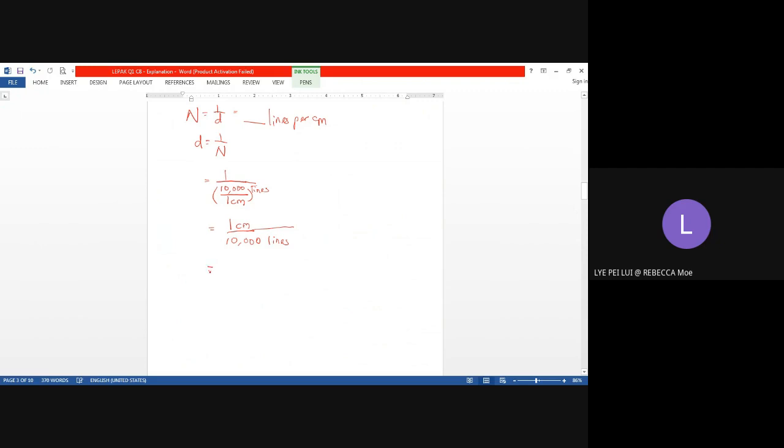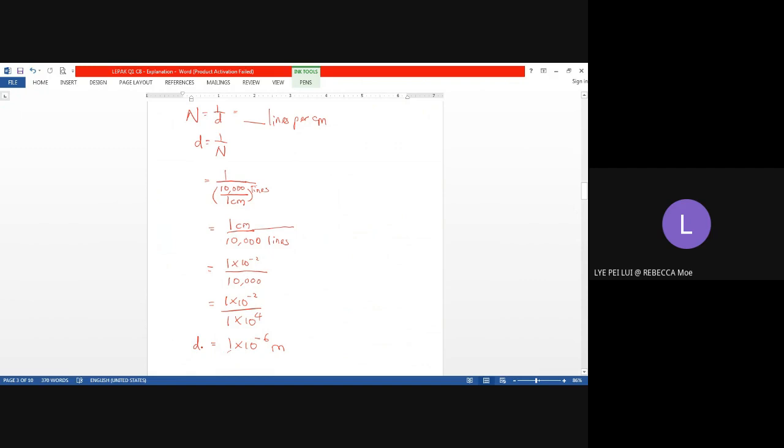Since this one is centi, I make it 10 to the negative 2 over 10,000, so 1 times 10 to the negative 2 over 1 times 10 to the 4. At the end, I get 1 times 10 to the negative 6 meter. So this is the d.